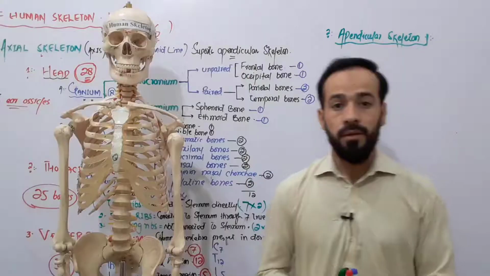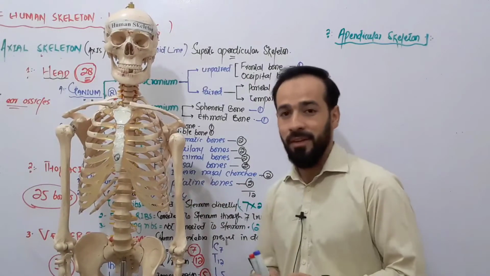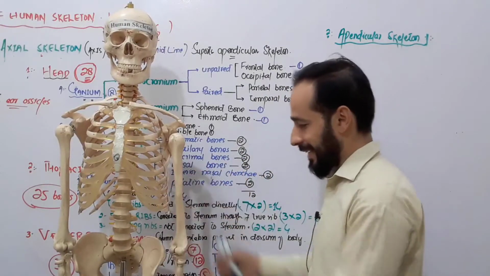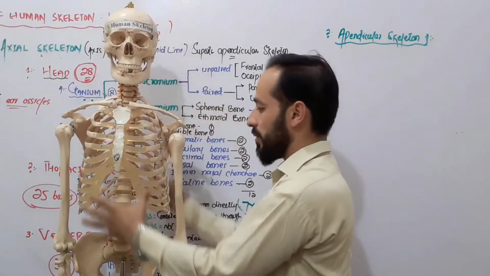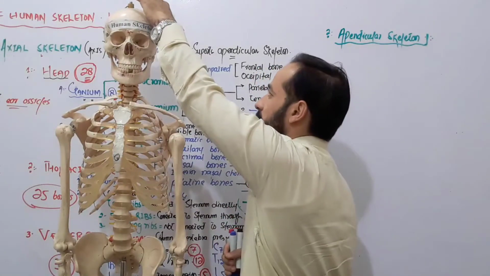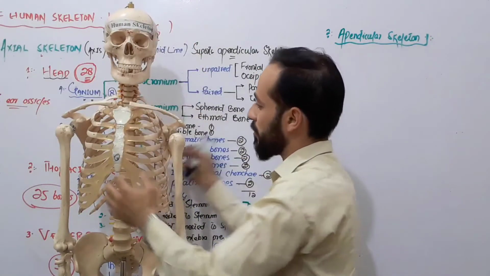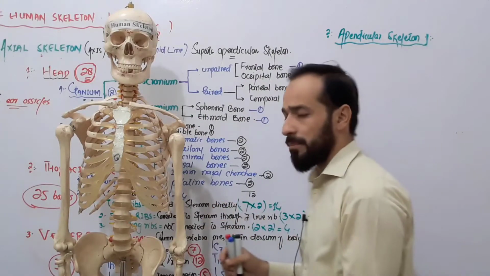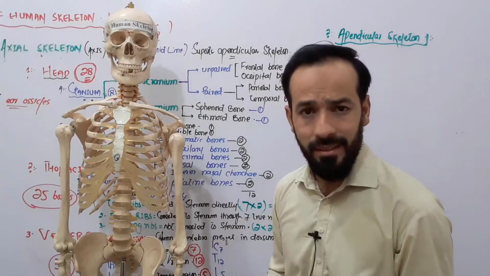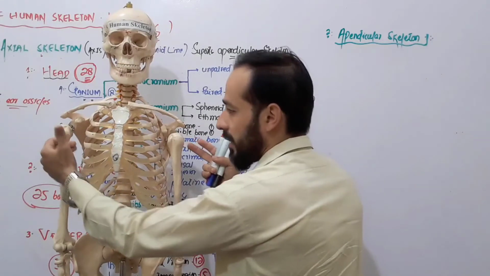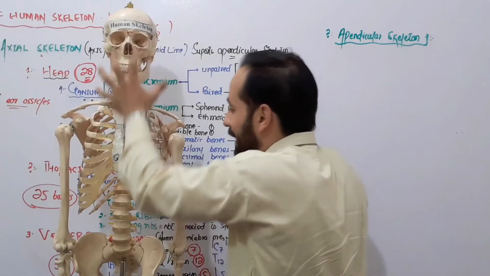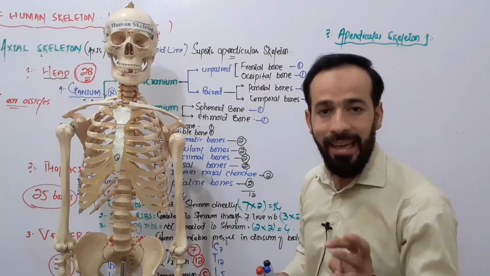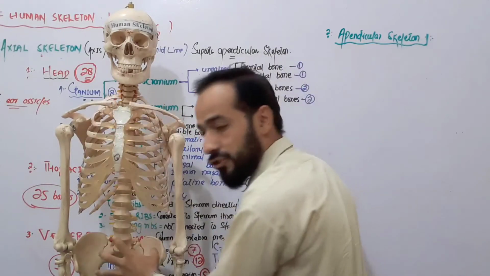Welcome back, friends. Here is our friend, we have him with us and we are discussing the bones, taking the help of him. So this was about your axial skeleton: the head, the cranium, the face, the vertebral column and the thoracic cage. Now, about the appendicular skeleton. What is the appendicular skeleton? That skeleton which is attached or hanging with the axial skeleton.